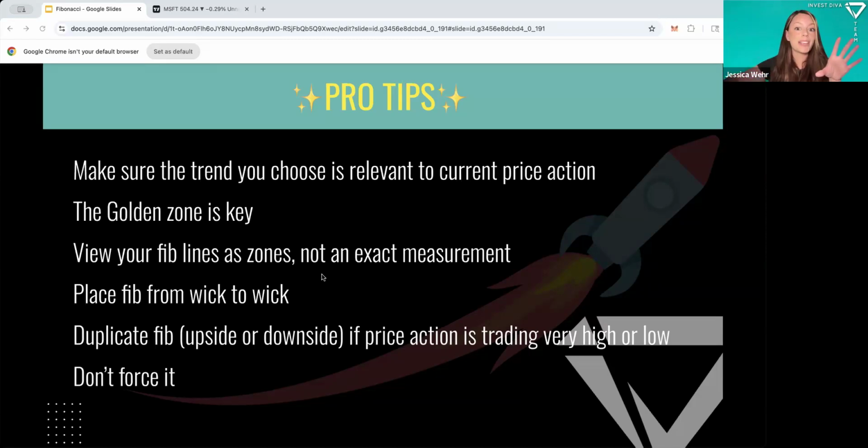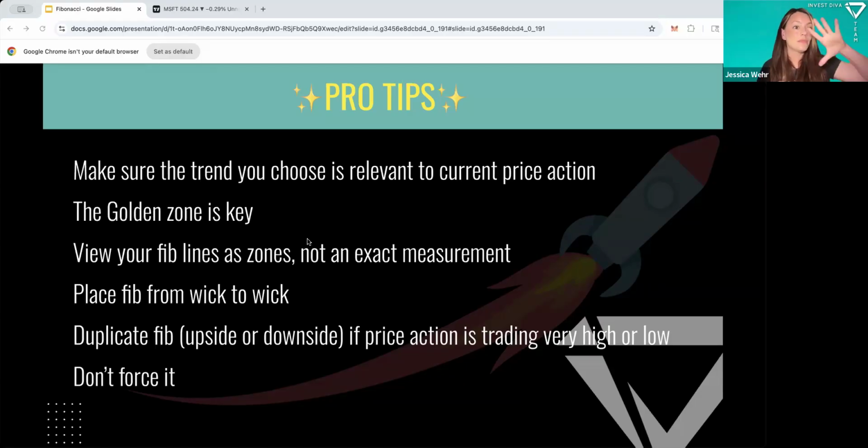But if it blows past the last trend, then it's not useful. So keep in mind, where is that current price action at and what trend is relevant or valid for Fibonacci.